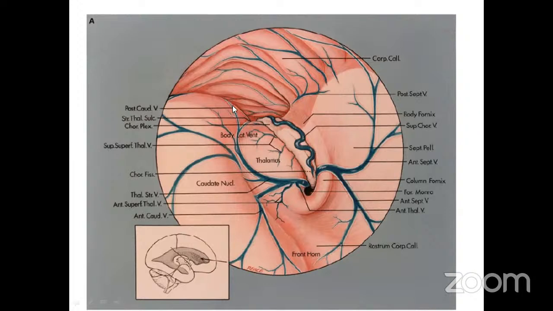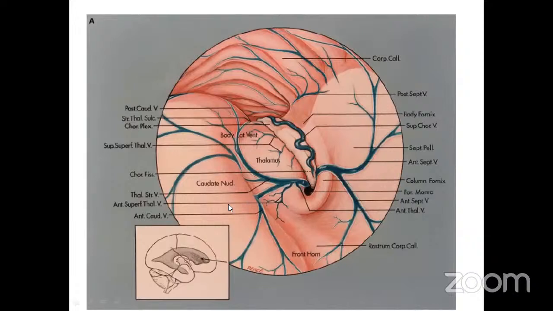This is the posterior caudate vein, and it crosses the lateral wall of the body and joins the thalamostriate vein.